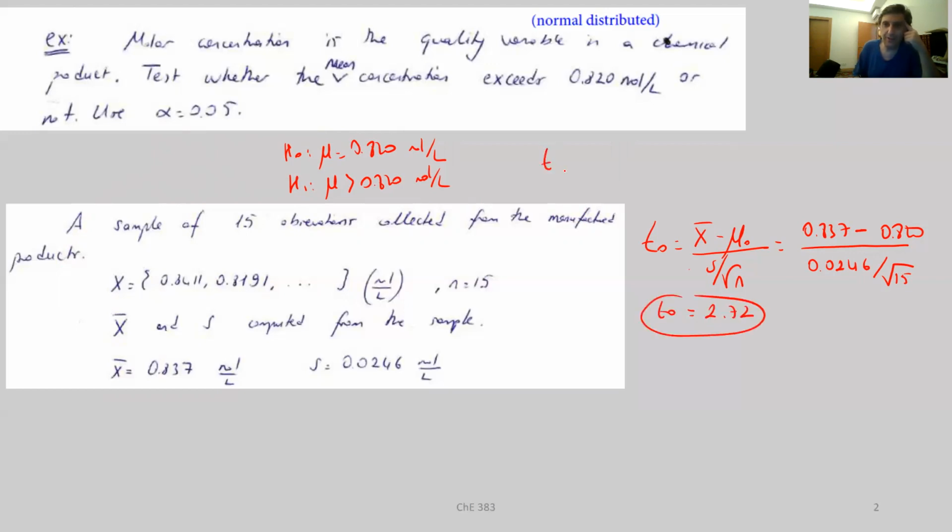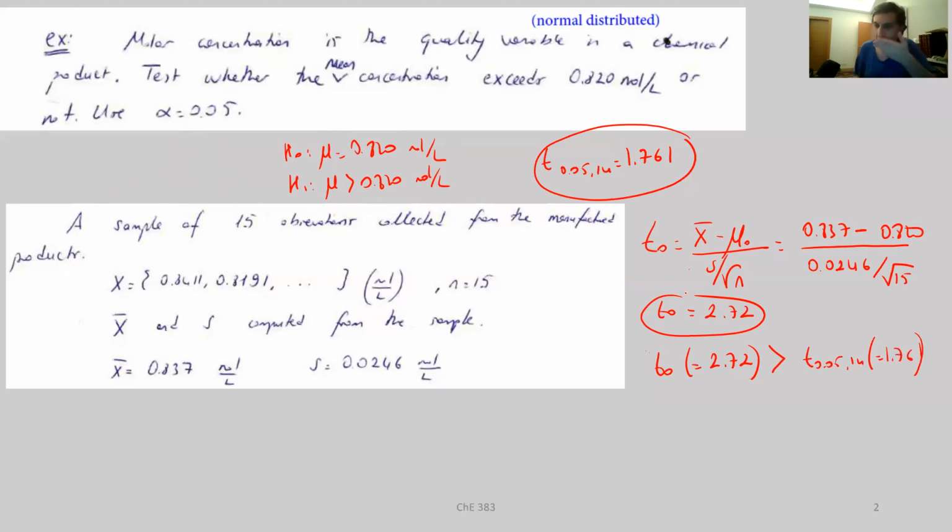And we had already found at the very beginning this upper critical value as 1.71. So when we compare these two values, T0, which is equal to 2.72, is greater than T0.05,14, which is equal to 1.71.